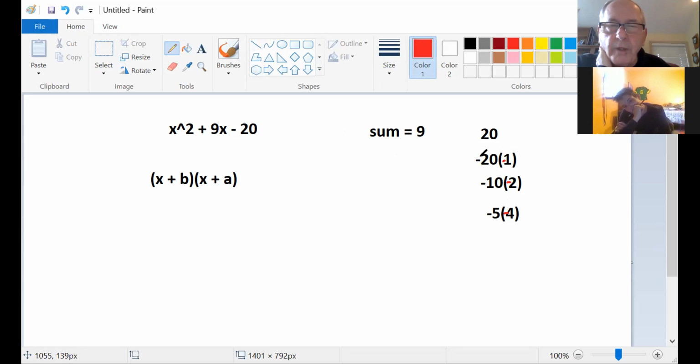One has to be negative. It's either one or the other, but not both of them. So what that tells me is that this doesn't work.